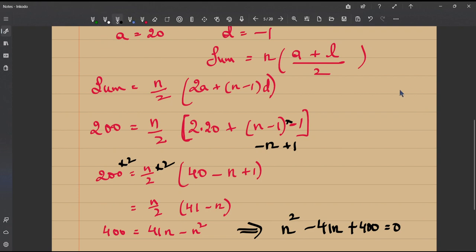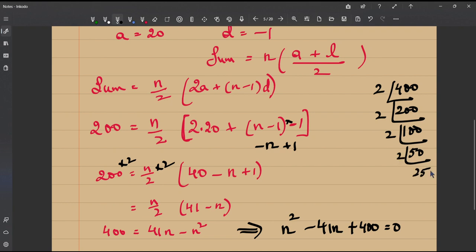Let me try to do the prime factorization of 400. It becomes 2 into 200 is 400, 2 into 100, 2 into 50, 2 into 25, and 5 into 5. So these are the prime factors. Now we will have to find two numbers which are factors of 400, which add up to 41.